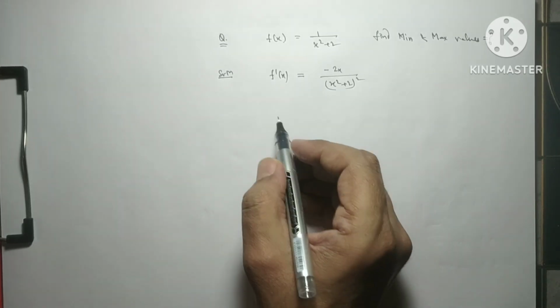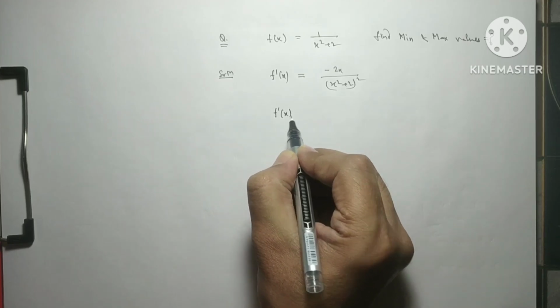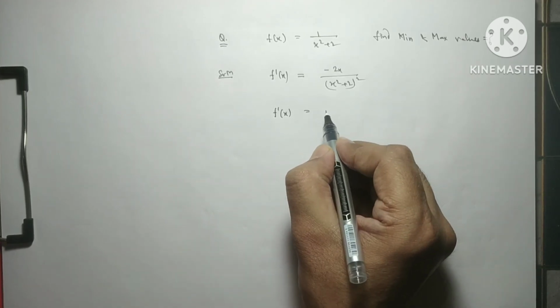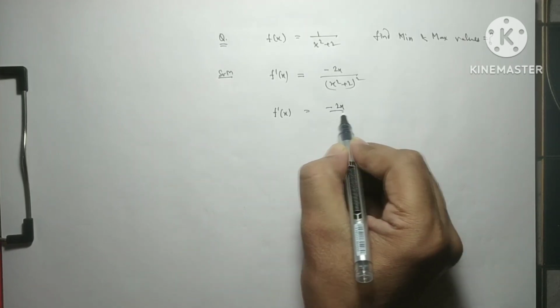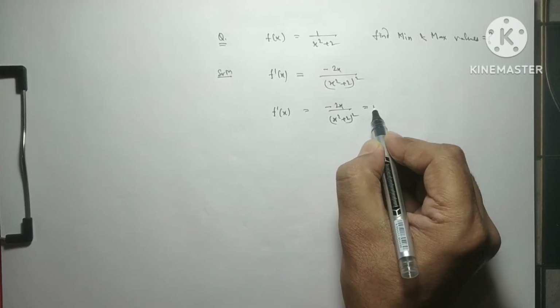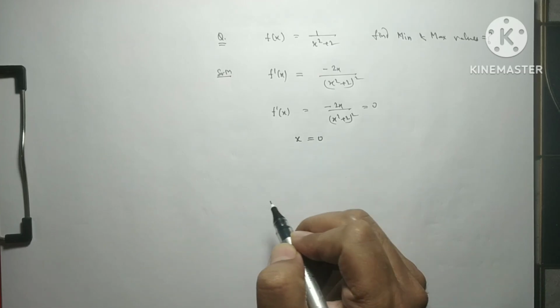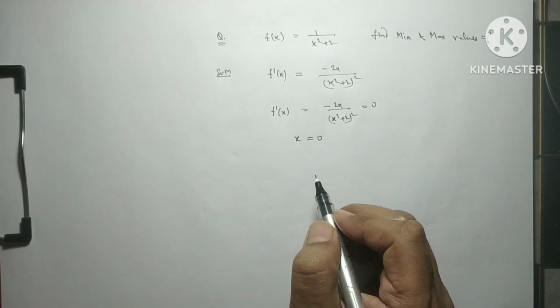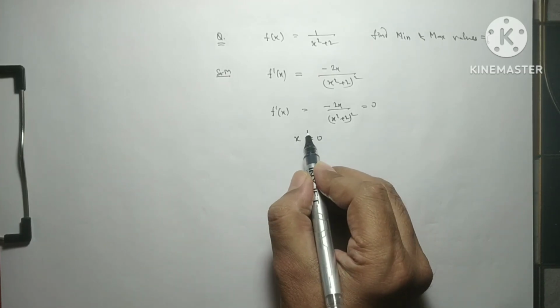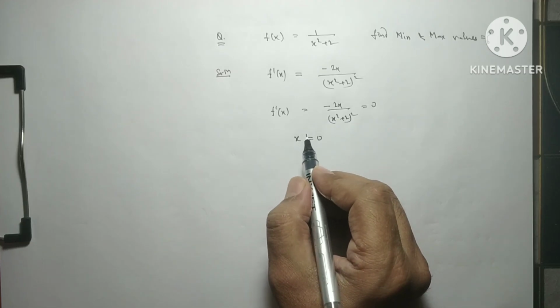So according to the working rule, the second step is we put f dash x equals to 0. So minus 2x over x square plus 2 whole square equals to 0. So we get x equals to 0. So this is the point, you can say this is a turning point.